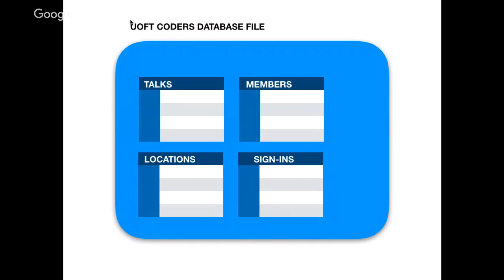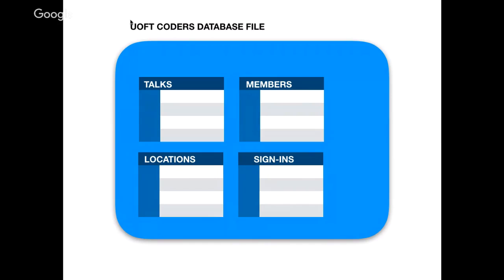The whole idea is that you have a file, just one file on your disk. For example, we're creating a database called the U of T Coders database. Imagine we want to create a database for the U of T Coders Club to store information that they might want to keep around. So you have this file, represented by this blue rounded rectangle. Inside of it, you can have multiple tables.